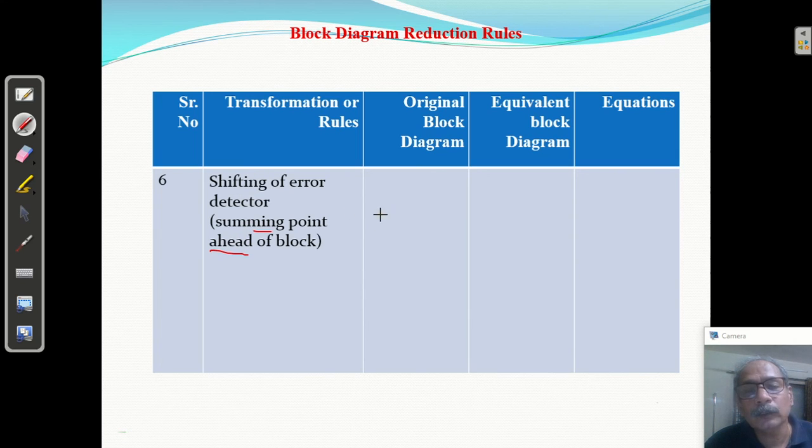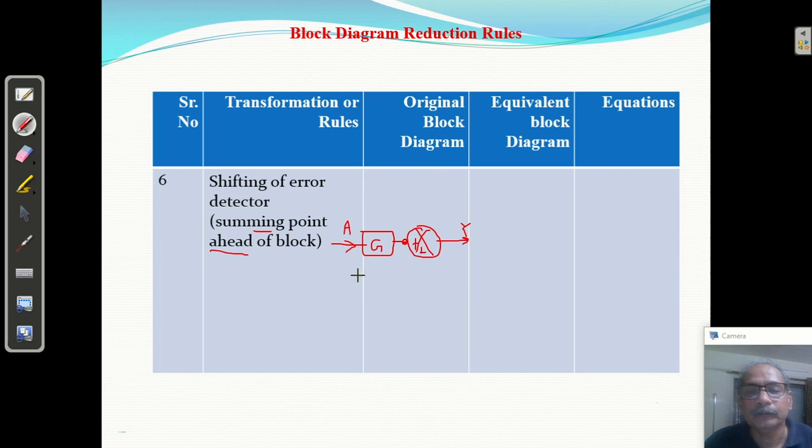Okay, suppose this is the block G of S. This is A. What is the output here? A into G. And this is the error detector. Plus, let us say this is also plus. For example this is Y, and let us say this is B.